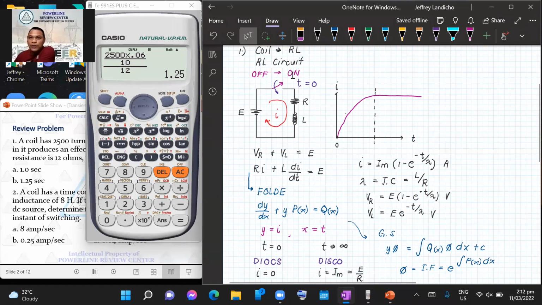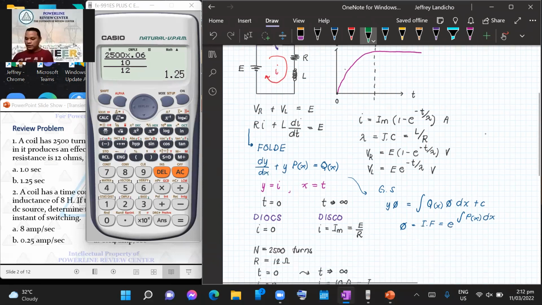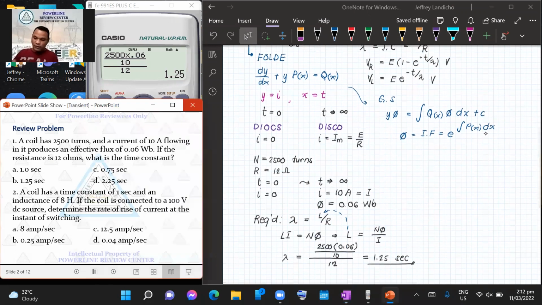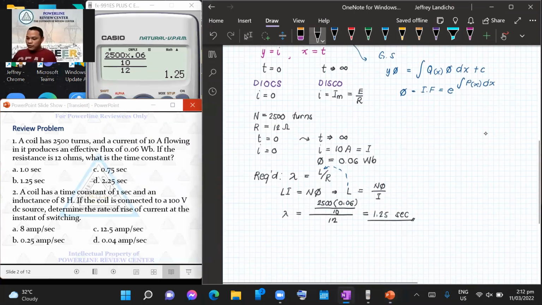From off position, we turn it on. We call this a classification of transient: the initiation transient, from off to on position. This means we start from initial values, so the value or behavior of our total response is increasing. Okay, got it? Any question regarding problem number 1? So, I will leave number 1.